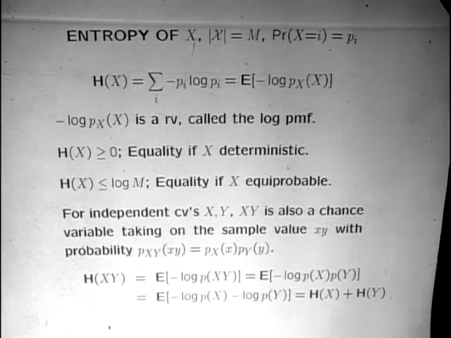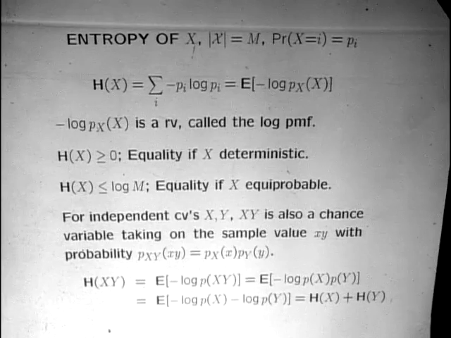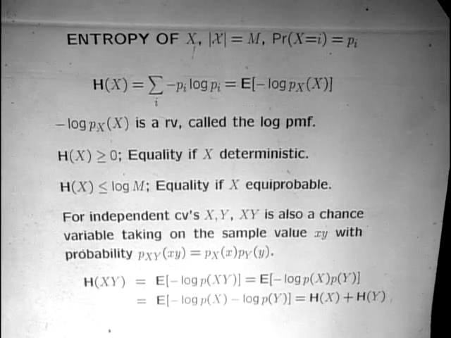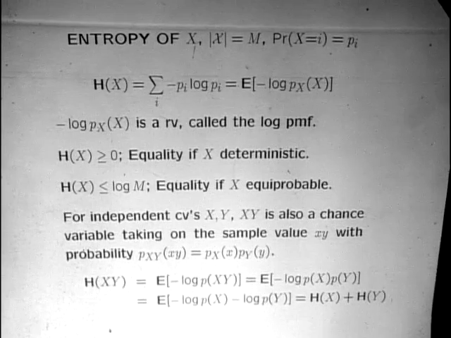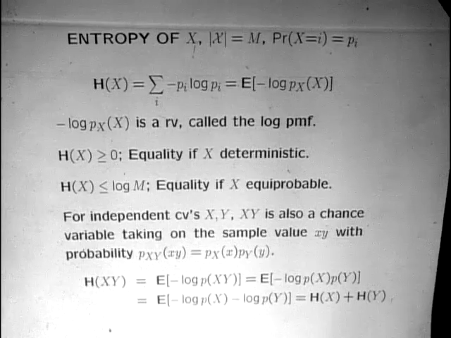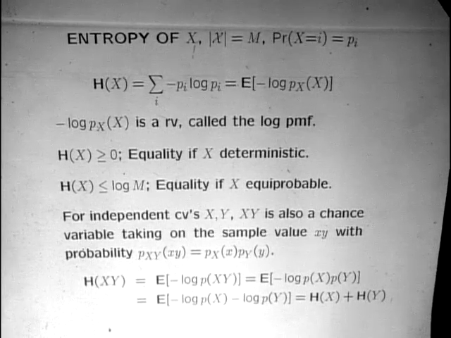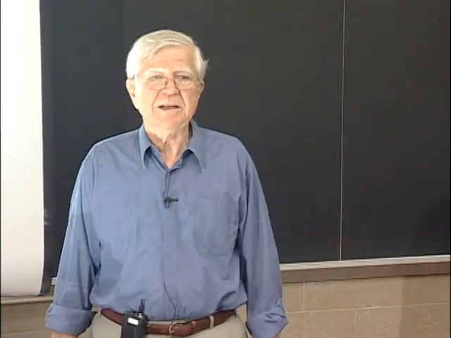This is really the reason why you're interested in these chance variables, which are logarithms of probabilities, because when you have independent chance variables, then probabilities multiply, and therefore log probabilities add. All of the major theorems in probability theory, in particular the law of large numbers, which is the most important result in probability, simple though it might be, that's the key to everything in probability.